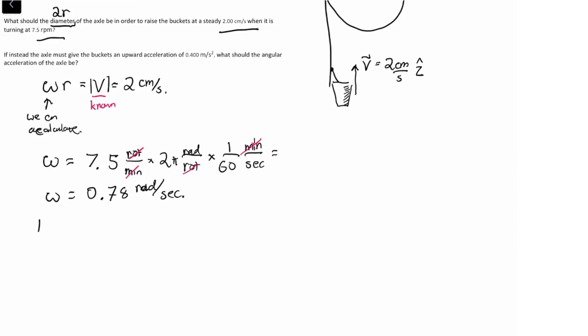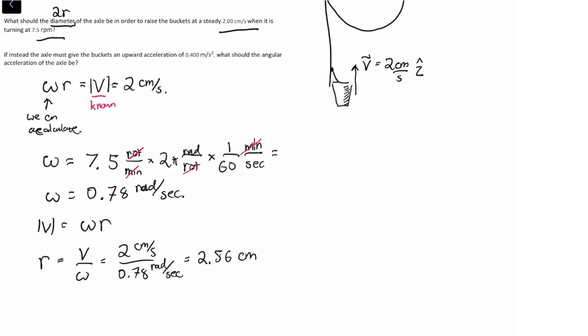So if the magnitude of v is equal to omega r, then r is equal to v over omega, which is equal to 2 centimeters per second over 0.78 rad per second, which is equal to 2.56 centimeters.